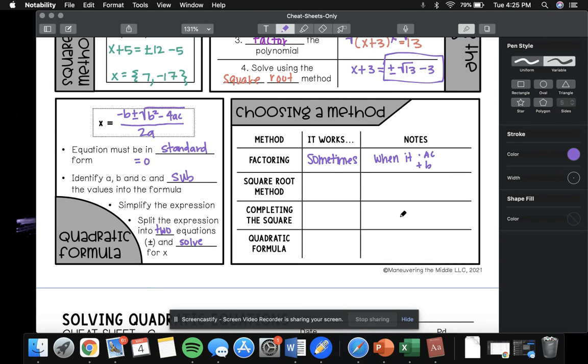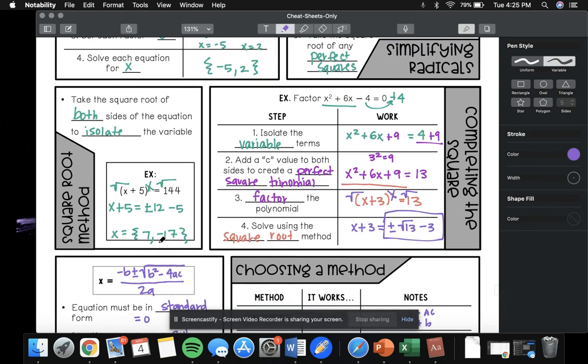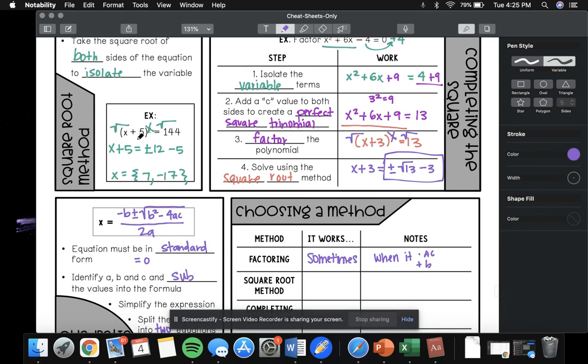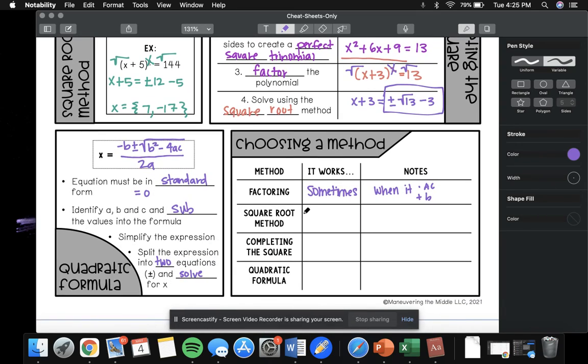The square root method sometimes works. It already has to have a perfect square ready to go. We could also take the square root if we had something like x squared equaling, I don't know, 100, because again, it's already in that perfect square form.